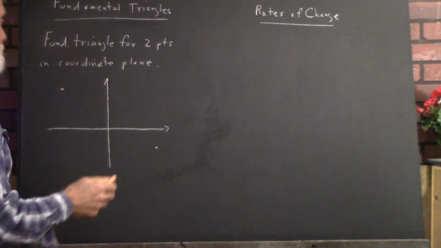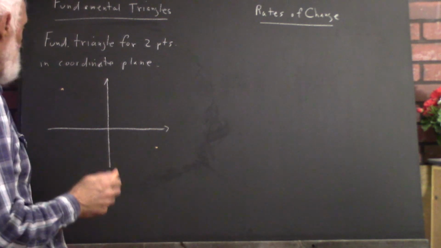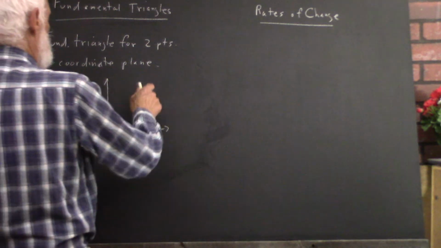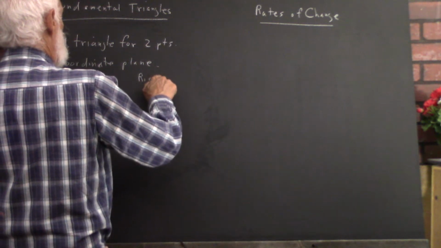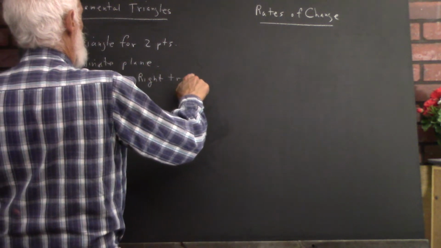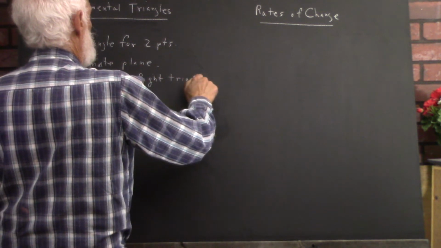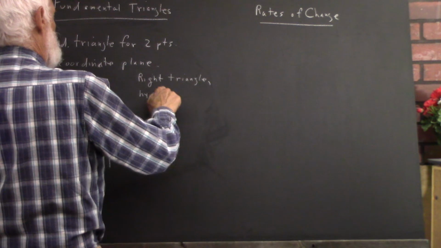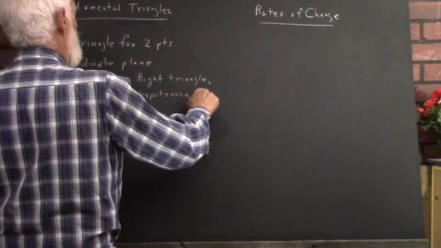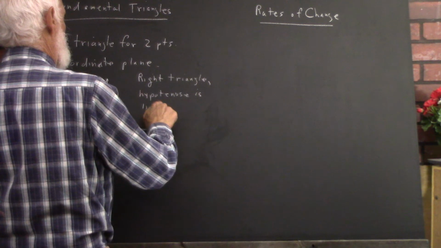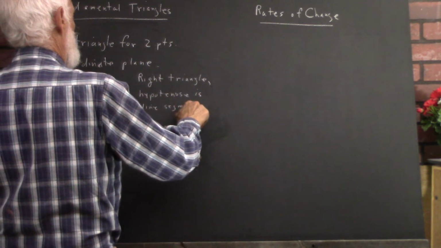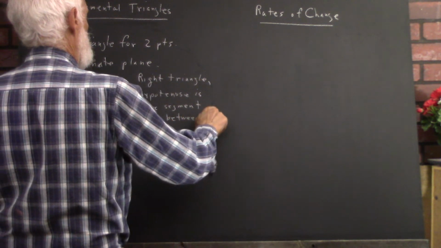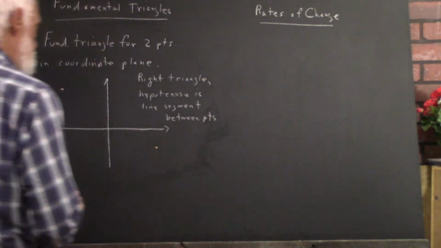Okay, so the fundamental triangle is a right triangle, its hypotenuse is a line segment between the points.